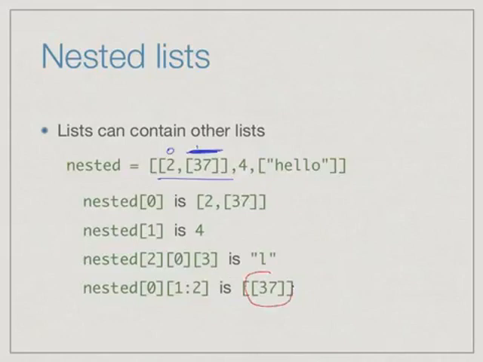This is the value that lies between position 1 and up to position 2, and the outer list is there because when we take a slice of a list, we get a list. So this is a sublist of this list 2, list 37, which gives us just the list 37. We have dropped the value 2, but we get a sublist. So this is what we mentioned before: for lists, a slice gives us back a list.